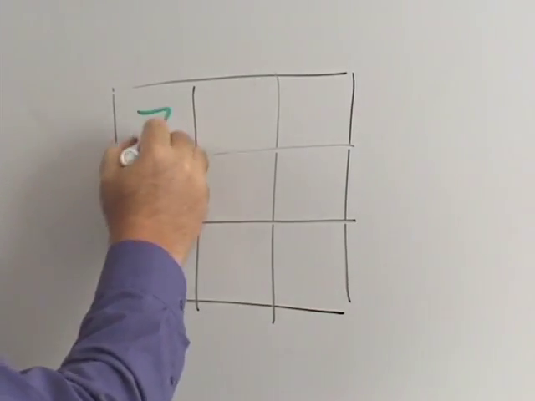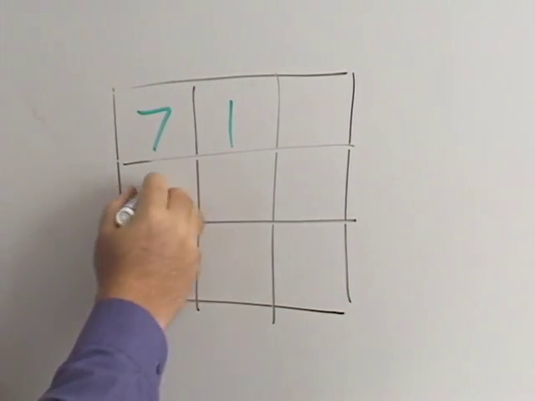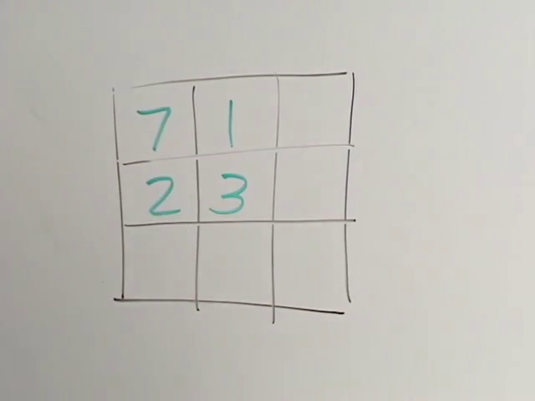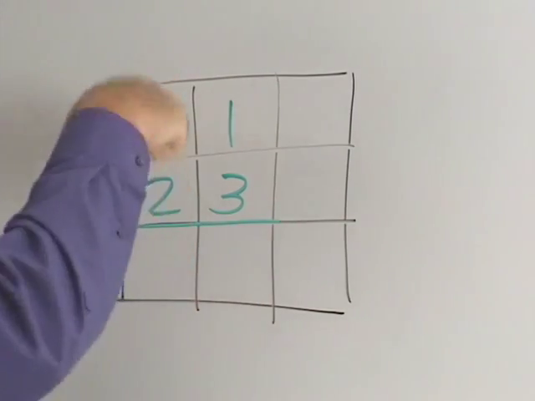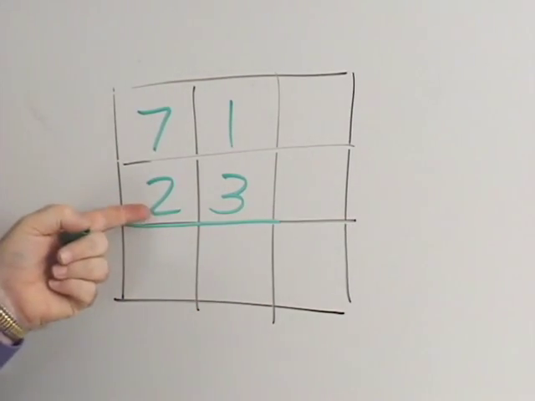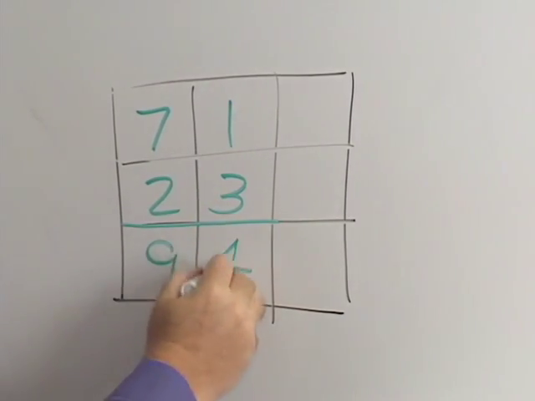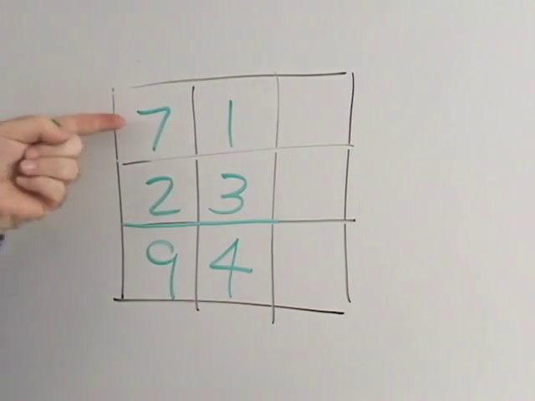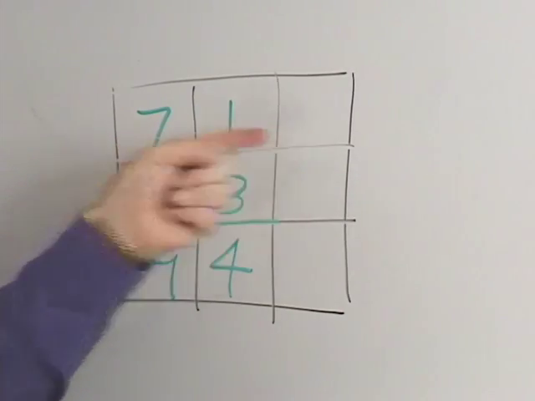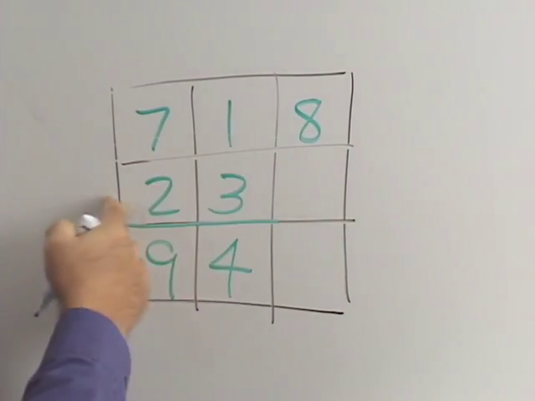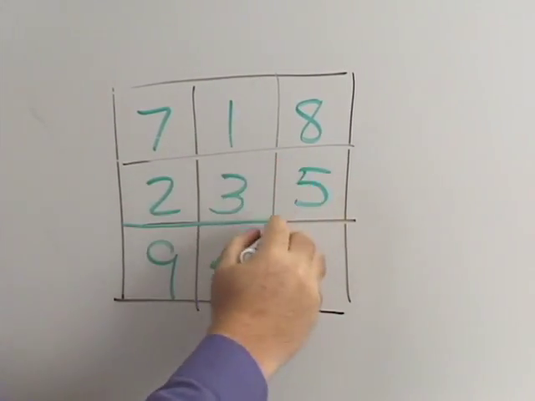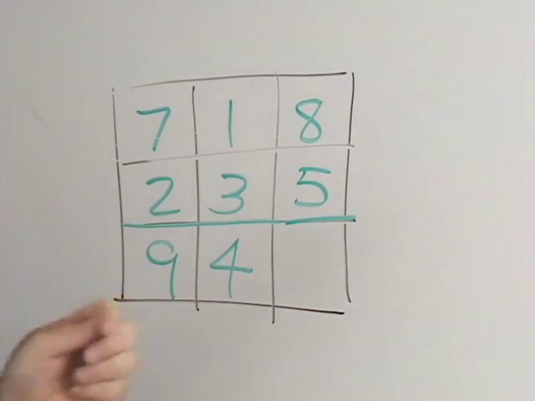So if you have a 7 and a 1 and a 2 and a 3, first thing you want to do is add this way. What's 7 plus 2? 9. What's 1 plus 3? 4. Okay. Now let's add across this way. What's 7 plus 1? 8. What's 2 plus 3? 5.